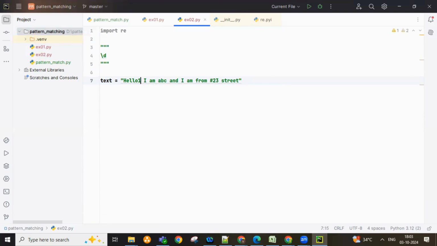And for example, I put some digit characters here. Now, guys, if you see slash d, what it matches is any digit character.